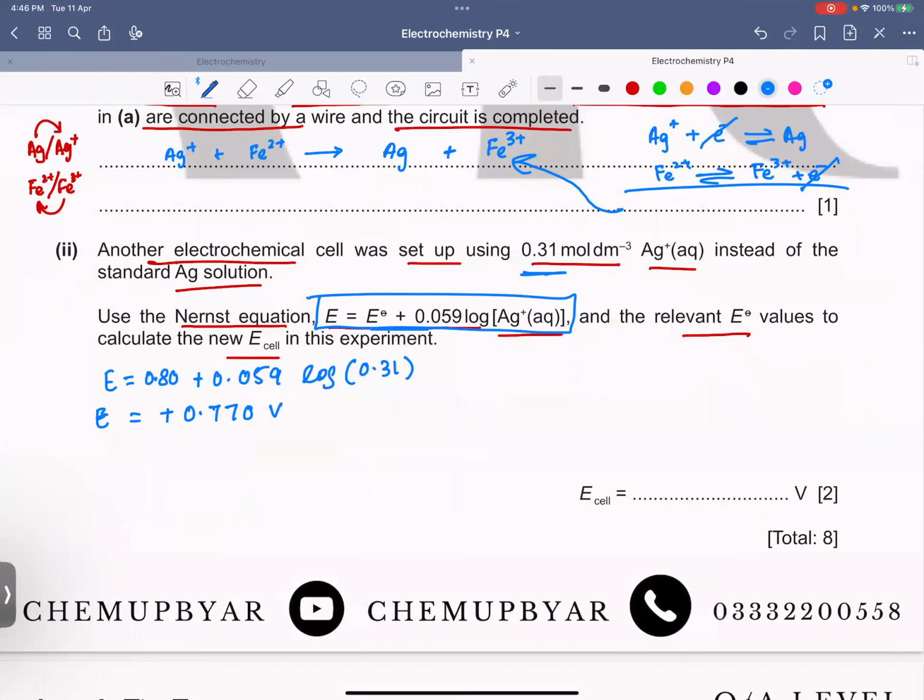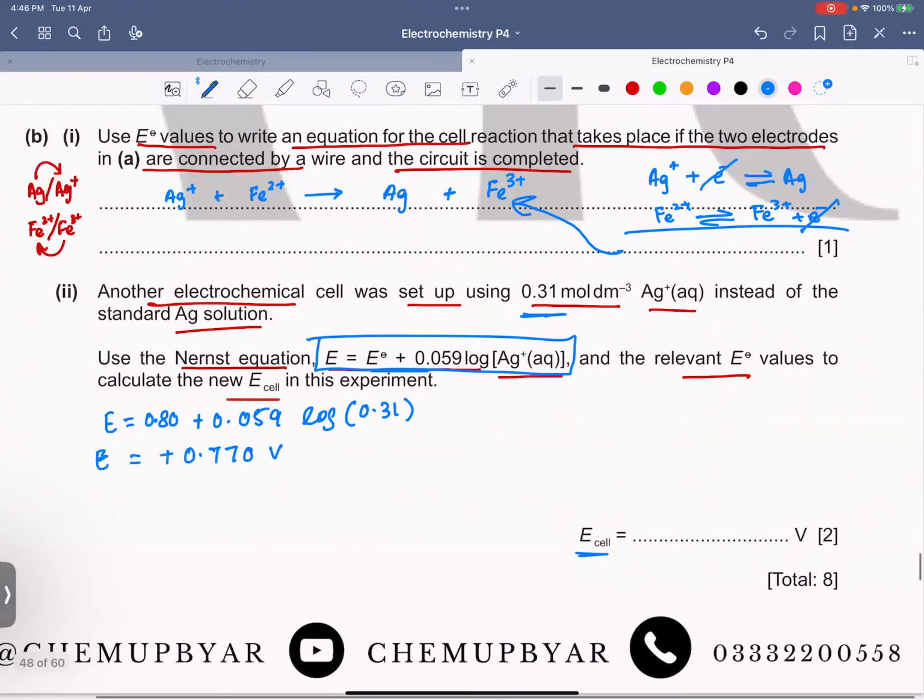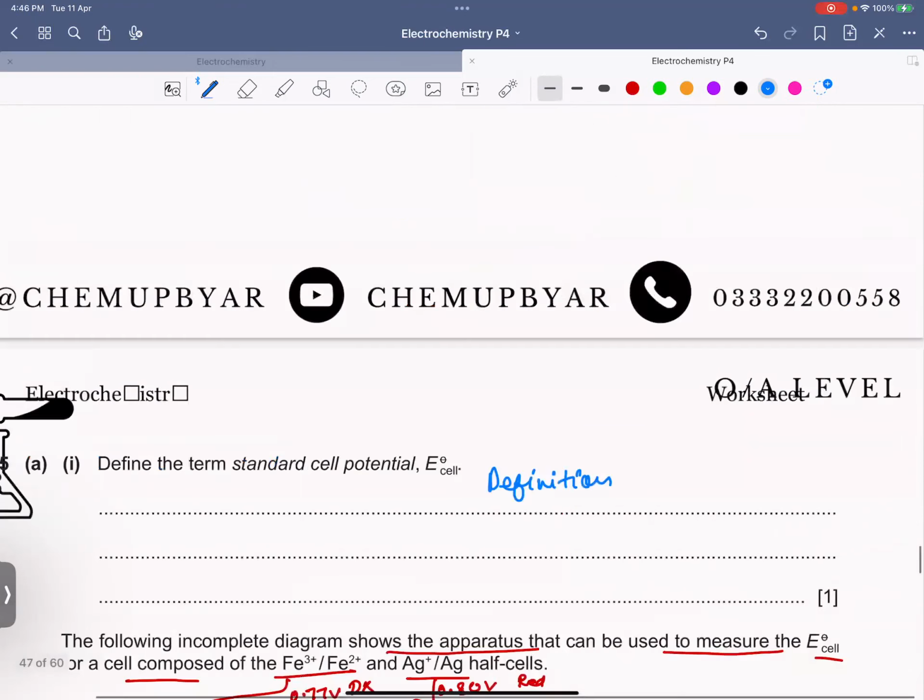Now, what would be the E cell now? E cell is 0, because if you recall, iron half cell also has 0.77 volt. So both have the same value.